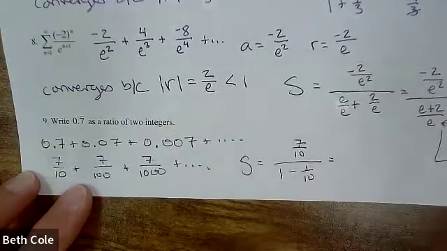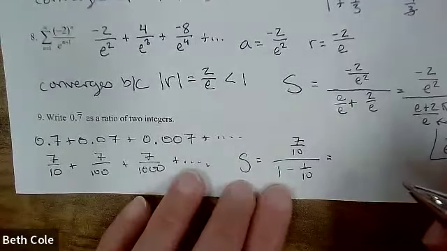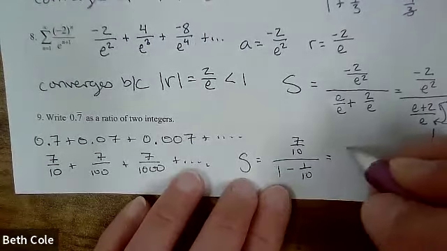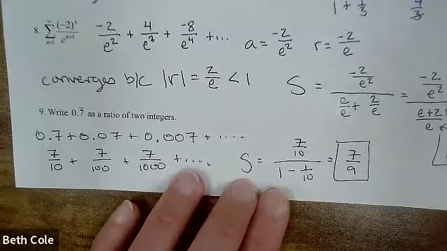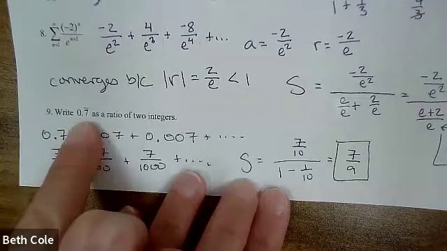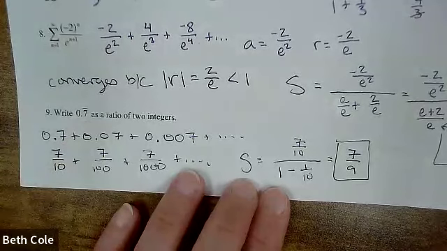I am kind of out of room, so we're going to talk through this. 1 minus a tenth would be 9/10. So 7/10 over 9/10, the tens are going to cancel. And if you type 7 divided by 9 into your calculator, guess what you're going to get? 0.7777777. That's cool.